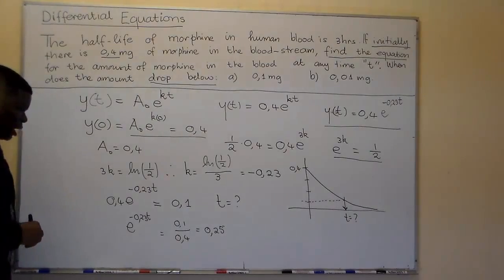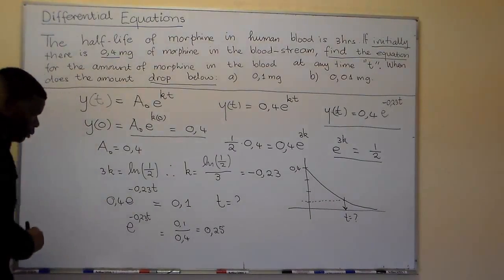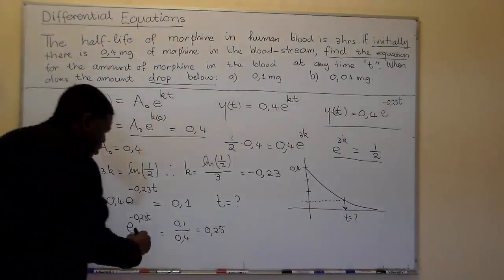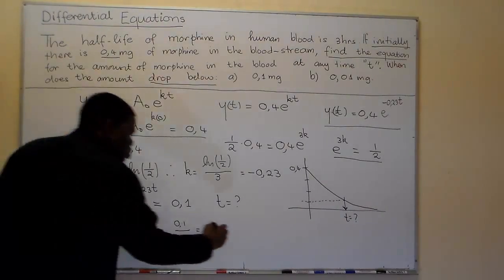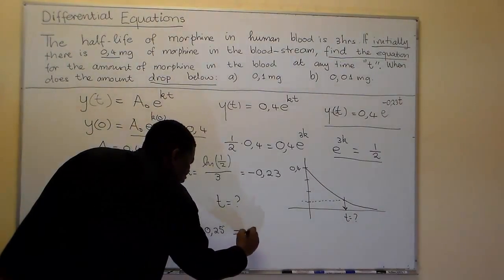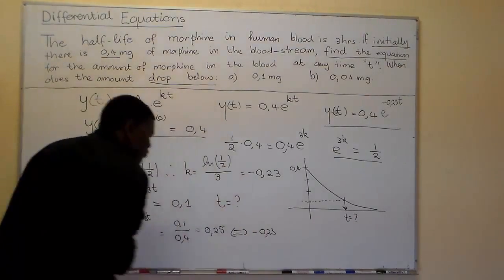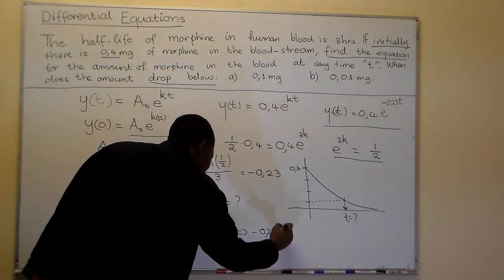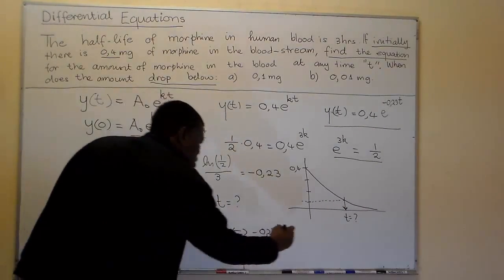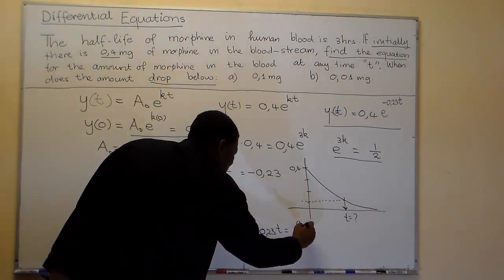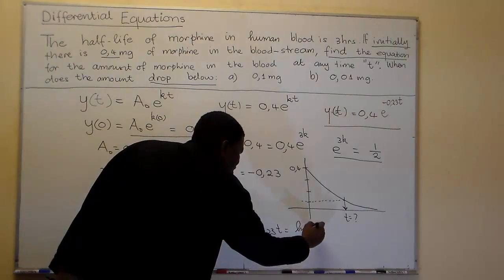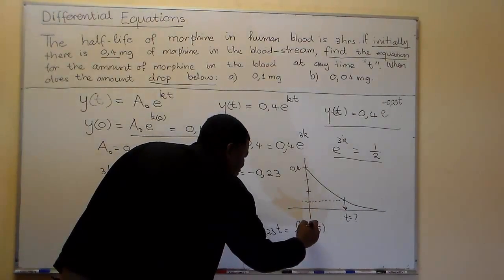Now, applying ln on both sides, I think we can all see that this is equivalent to saying minus 0.23 t equals ln of 0.25.